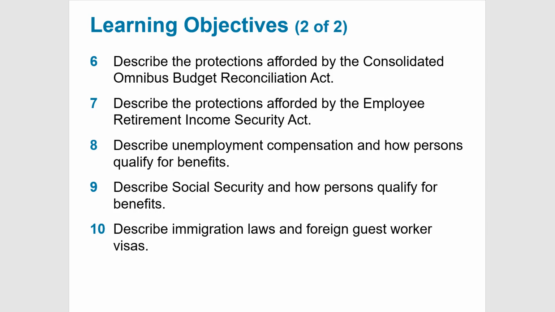One thing to understand as we go into this chapter is we'll go into each of these topics a little bit more deeply in Business 217, which is employment law, which is part of the business major here at Gaston College. You could also take each one of these topics, each one of these learning objectives, and find lawyers who base entire careers on focusing on just that area of law.